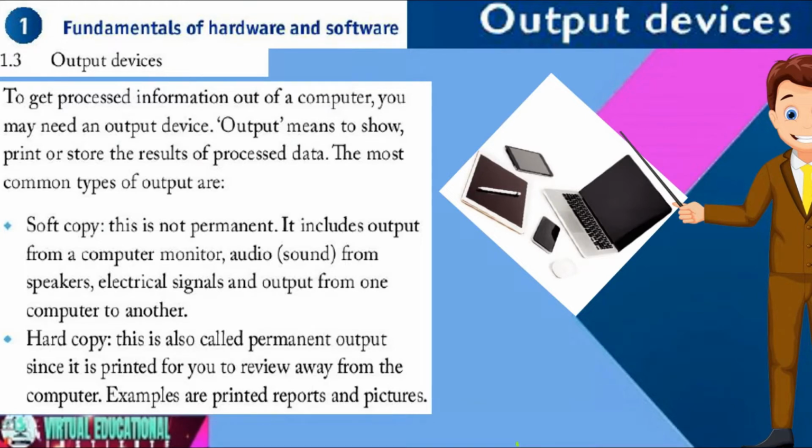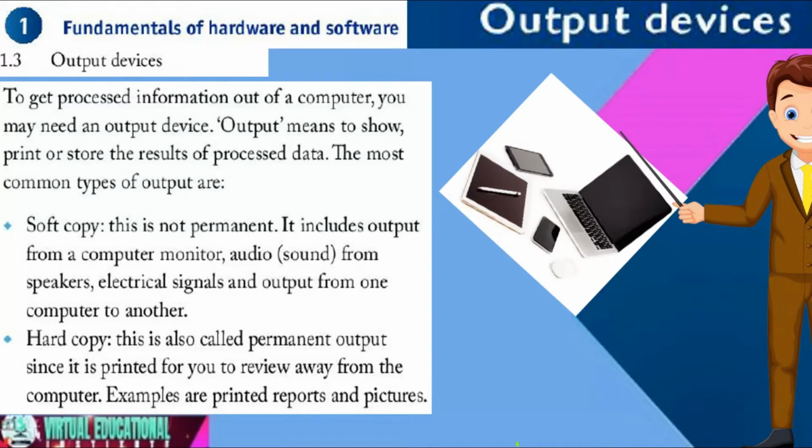As mentioned, we need an output device to get process information out of the computer. That process information can be in the form of a soft copy or a hard copy. When the process information is in the form of soft copy, it is one which you can see and you cannot touch.